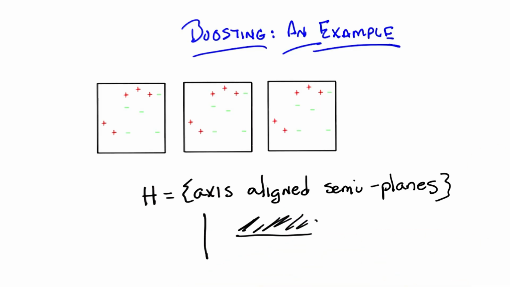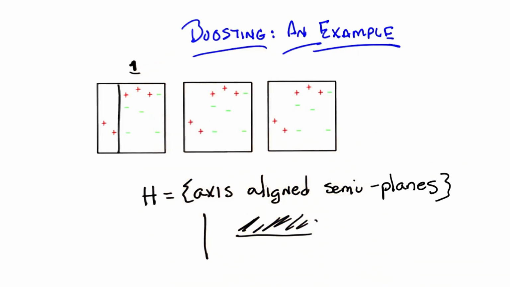In the beginning, at step 1, all of the examples look the same, because we have no particular reason to say any are more important, easier, or harder than the others. We ask our learner to return some hypothesis that does well in classifying the examples. There's an infinite number of possible hypotheses you could return, but one that works really well is a vertical line that separates the first 2 data points from the rest.